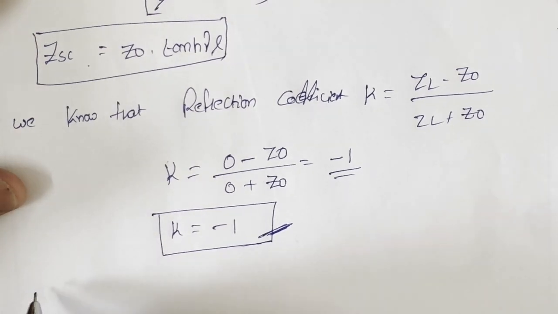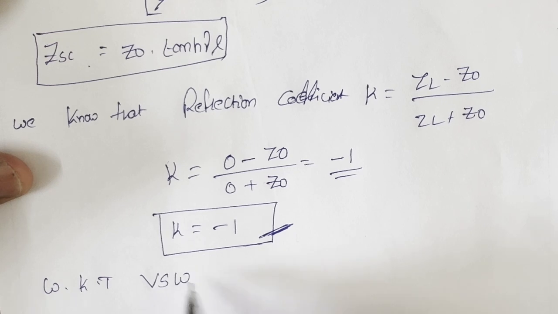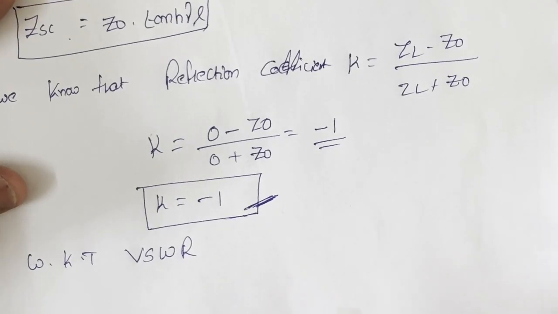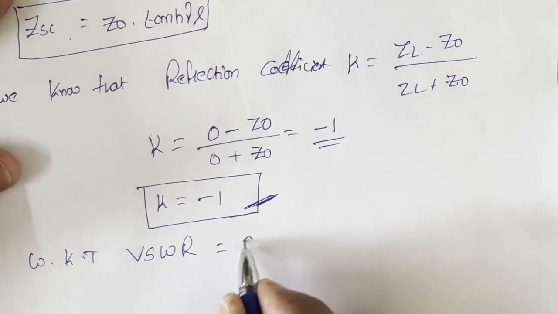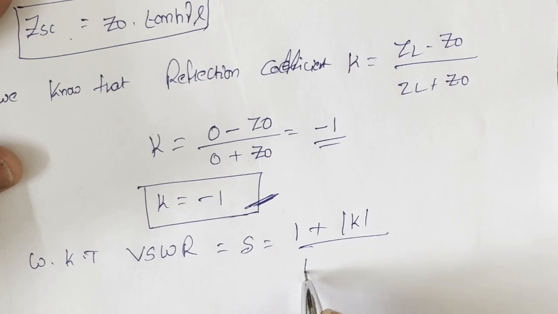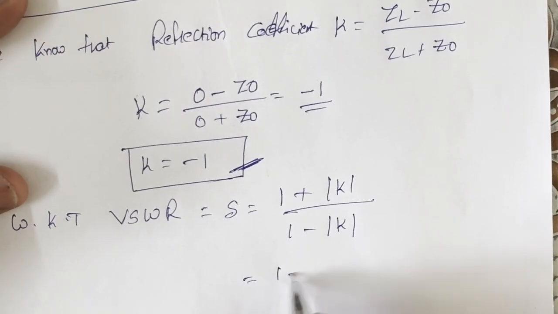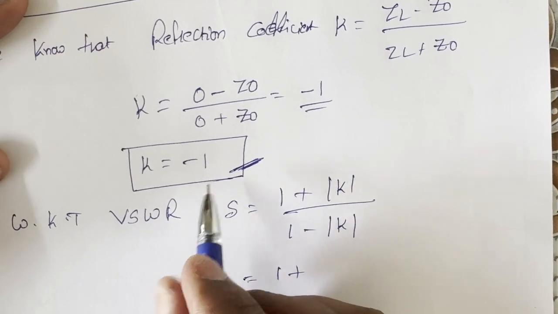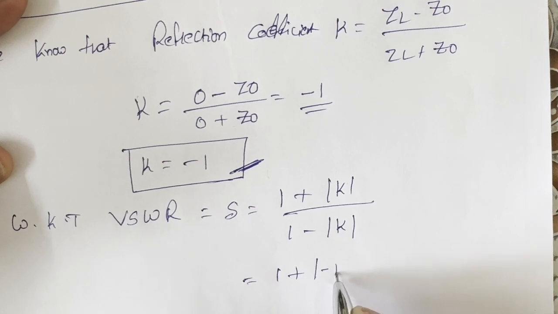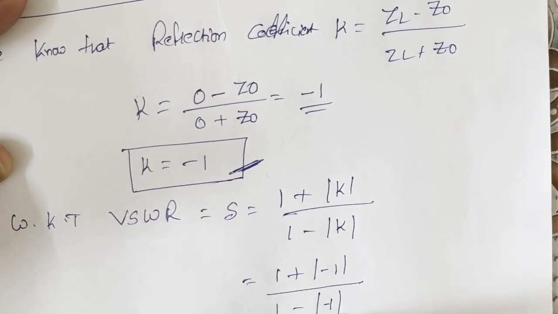Similarly, we know the voltage standing wave ratio, VSWR. S is equal to 1 plus mod K by 1 minus mod K. That is equal to 1 plus mod K, where K value is minus 1, mod minus 1, by 1 minus mod minus 1.